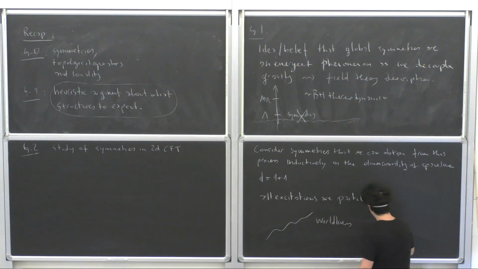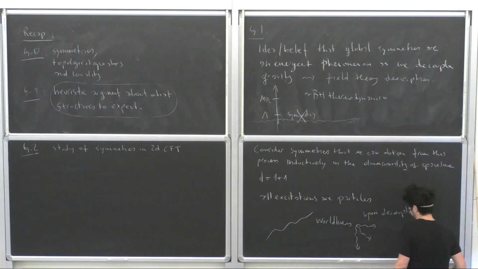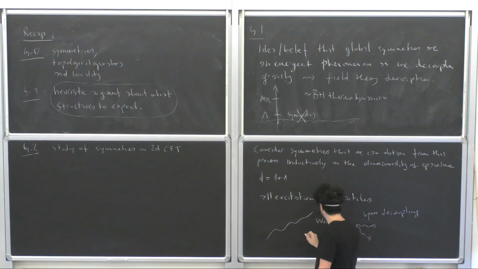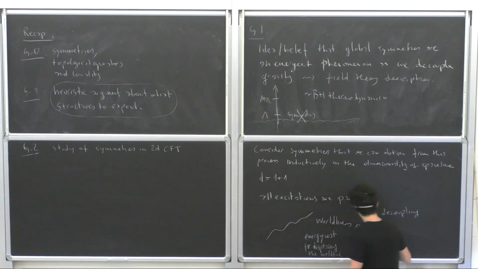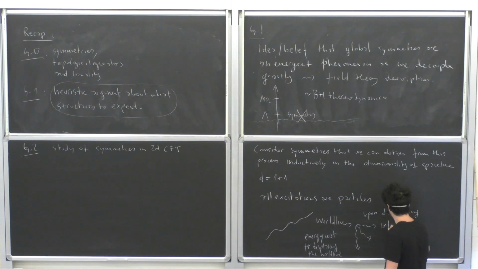And upon decoupling, we have identified 3 different behaviors. The energy cost for displacing these world lines can be infinite, finite, or 0.